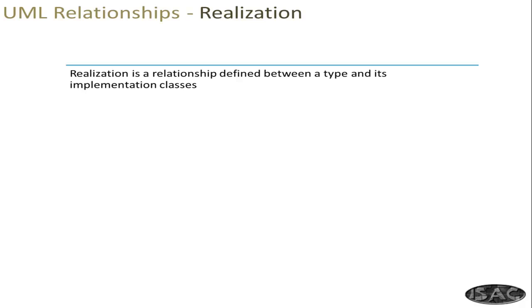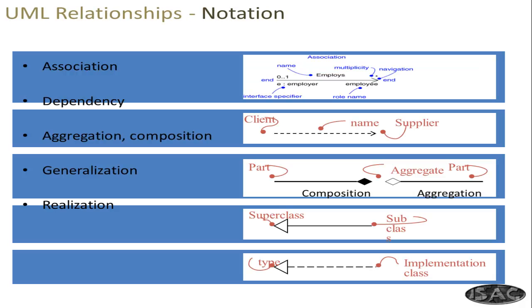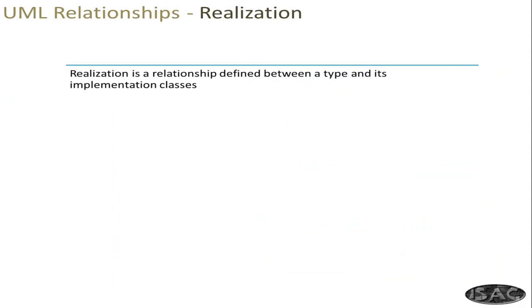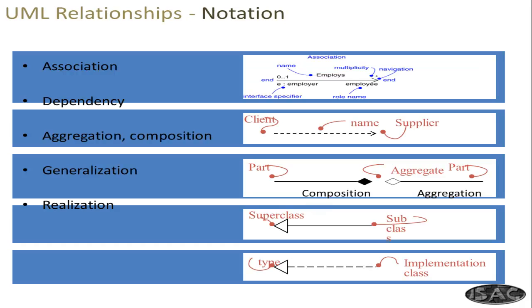Realization is a relationship defined between a type and its implementation classes. That's very simple. Now let us see the various notations we use. We have seen that composition and aggregation have a diamond. This is called a dependency.